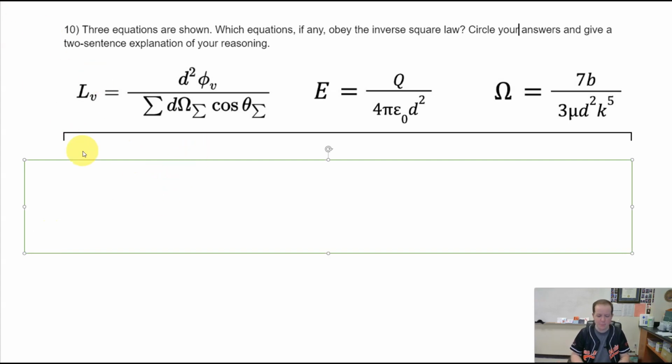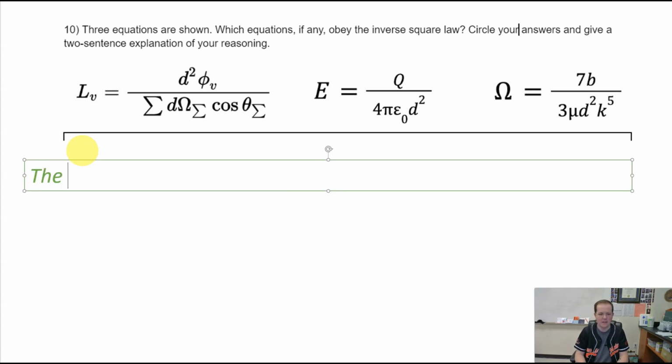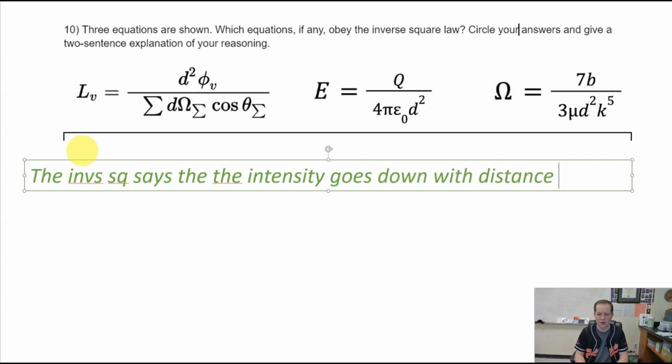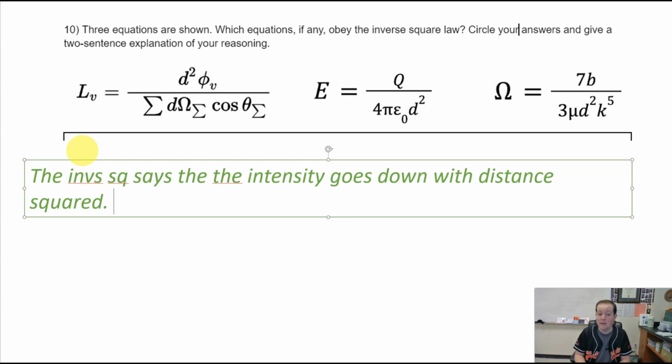All right, usually even before you read the question, especially since you know what the quiz is on, you could probably start answering. The inverse square law says the intensity goes down with distance squared. Now, I said in my notes that that means something for an equation.